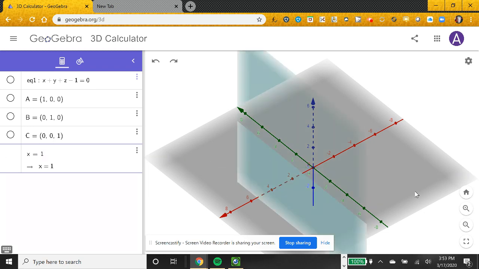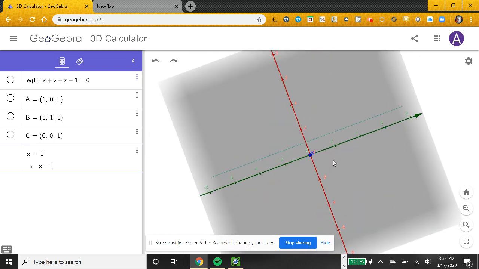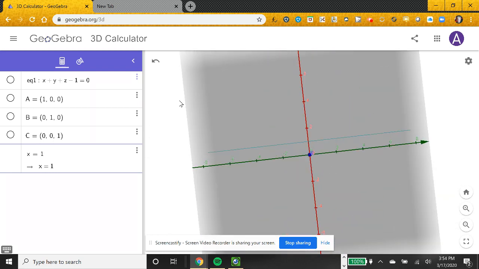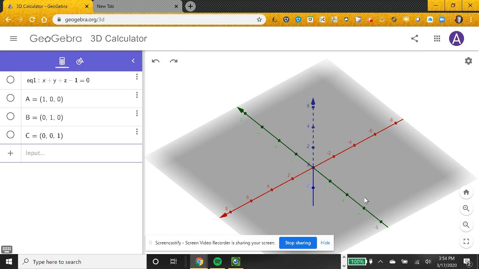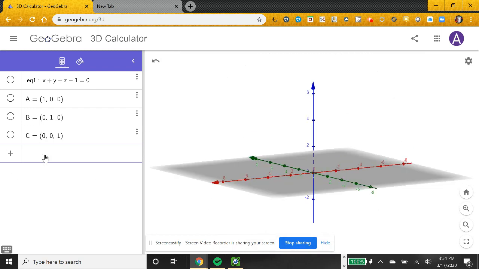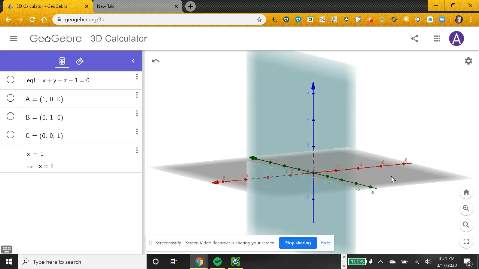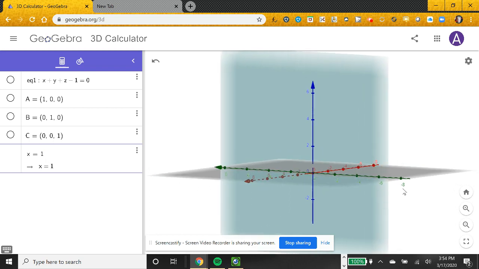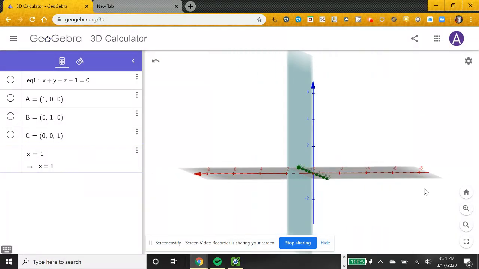If I can do this correctly, we'll try. I'm telling you, I'm frustrated with this sometimes. I need to go the other direction. There we go. X equals 1. It's hilarious because I don't do video games, so I'm not very good at moving the mouse like some of you all are.